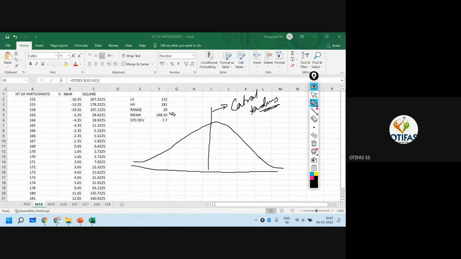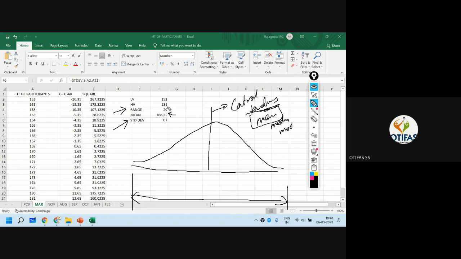Central tendency is 168.35. Now what is the spread? These are the two things we do in descriptive statistics. Central tendency is mean. We can also have median, mode, etc. But mean is the best measure for central tendency. And for spread, you have two measures, range and standard deviation.